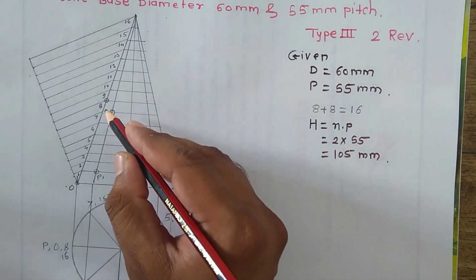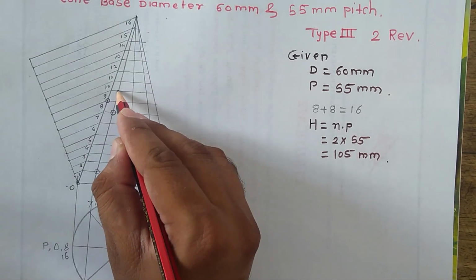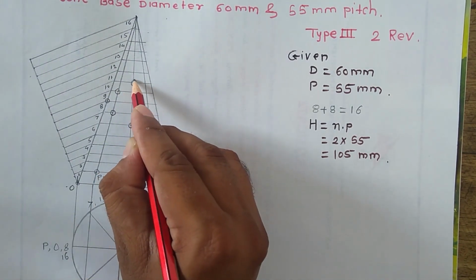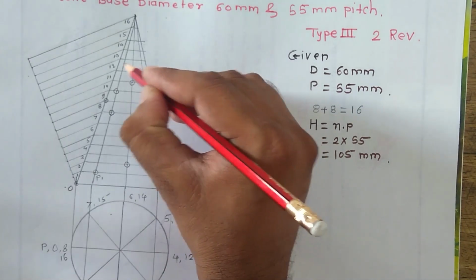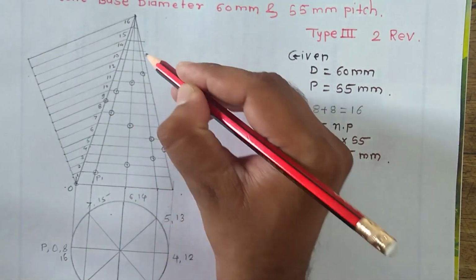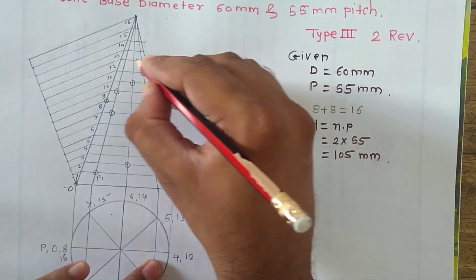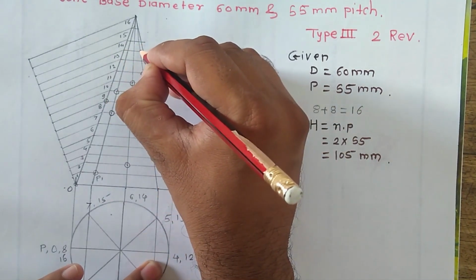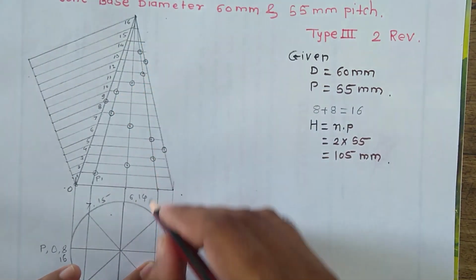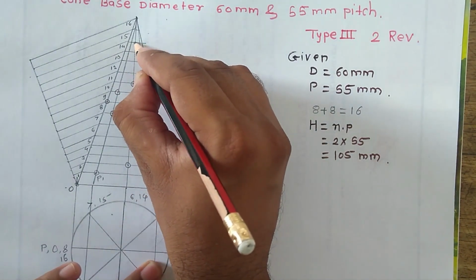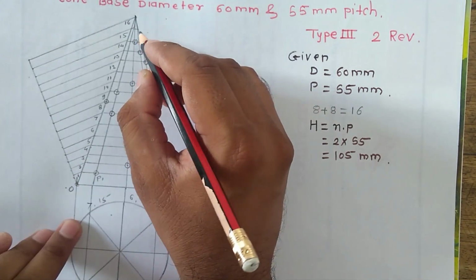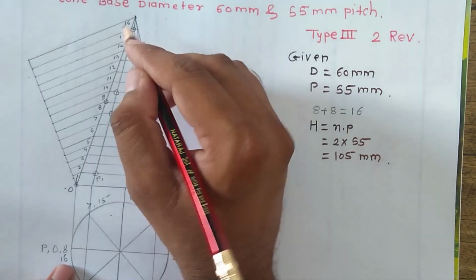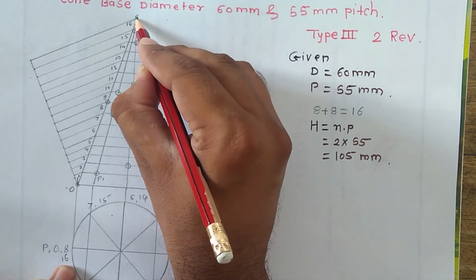Next, nine number vertical, nine number horizontal, 10 number vertical, 10 number horizontal, 11 number vertical, 11 number horizontal, 12 number vertical, 12 number horizontal, 13 number vertical, 13 number horizontal, 14 number vertical, 14 number horizontal, 15 number vertical, 15 number horizontal, 16 number vertical, 16 number horizontal. So this will be our last point.